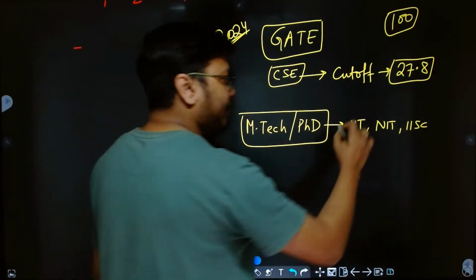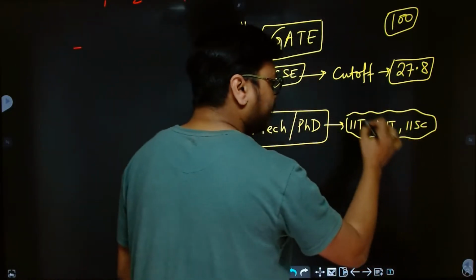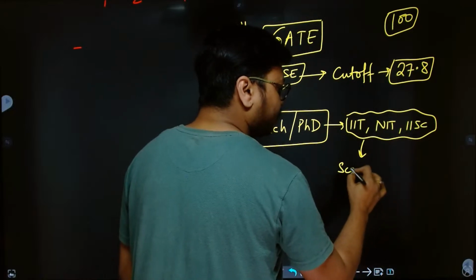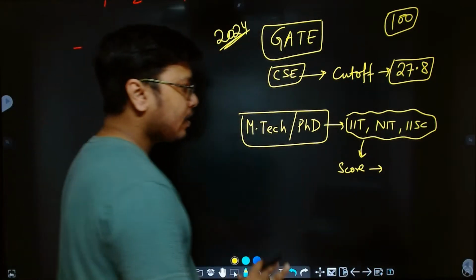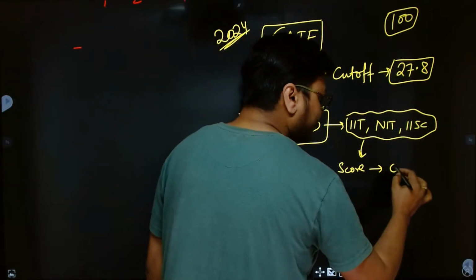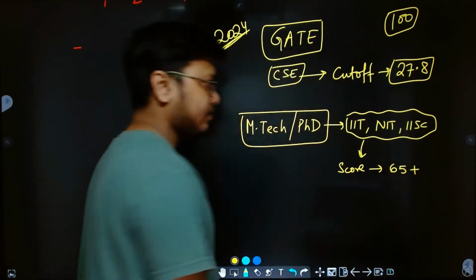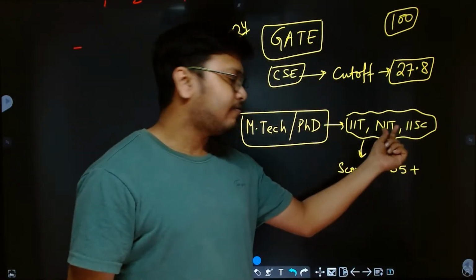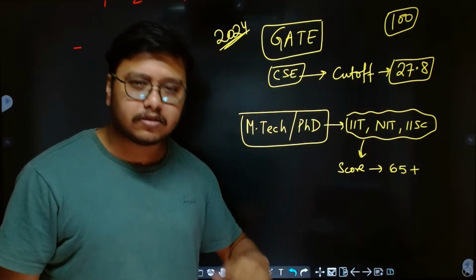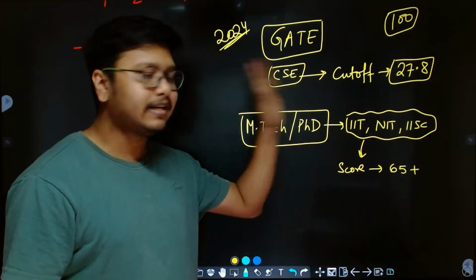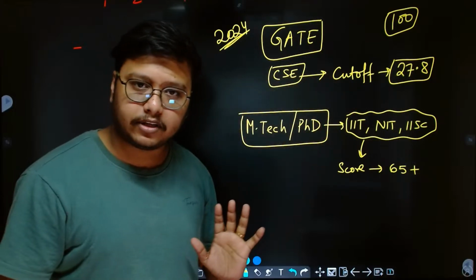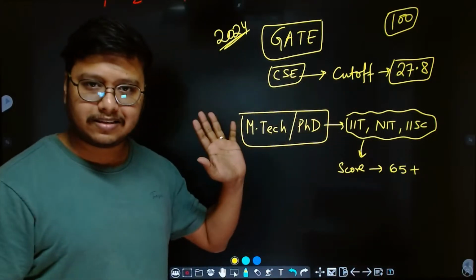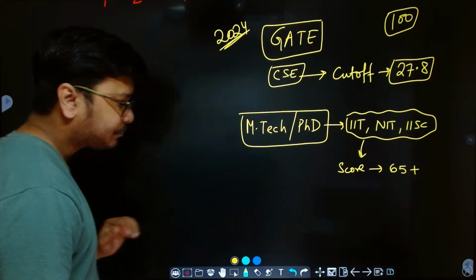To get admission there, your score has to be in the range of 65 plus. When you're close to 65, you will get the NITs. Close to 70s, you'll get the IITs. Close to 75, you get the IISc kind of institutes. So this is the basic structure that follows.